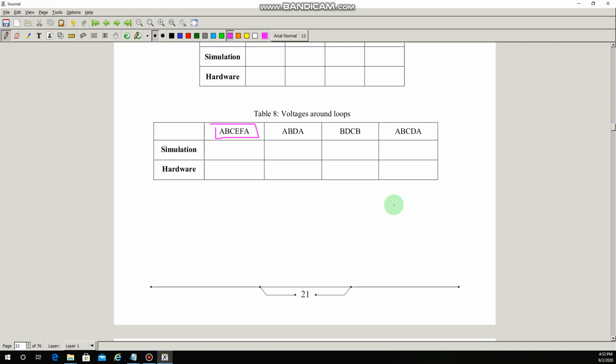What does ABCEFA mean? It simply means that we are adding VAB, VBC, VCE, VEF, and VFA.